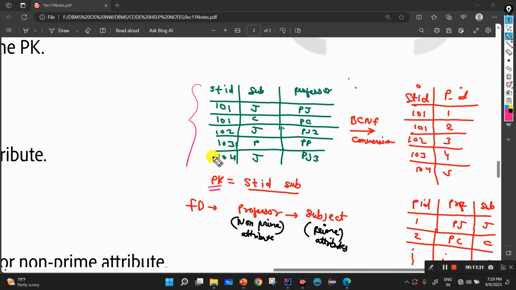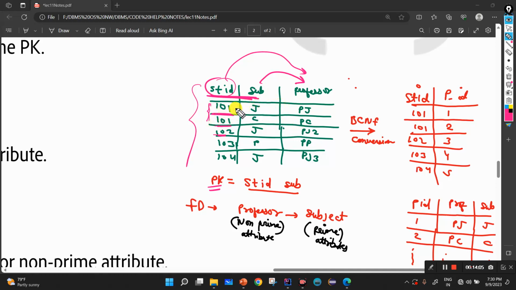So what is the primary key? With the help of student ID and subject, we can determine the professor. With student ID only, we cannot determine the professor, because 101 and 101 could be repeated.